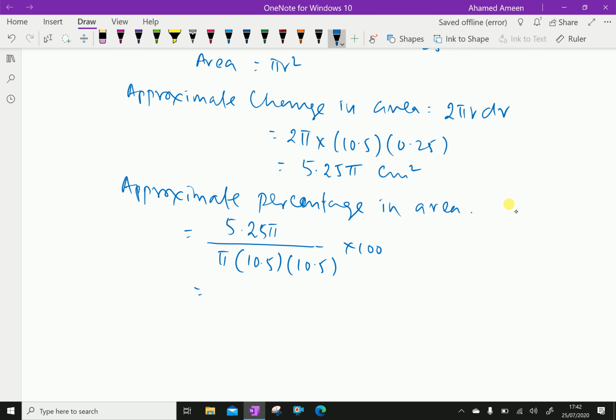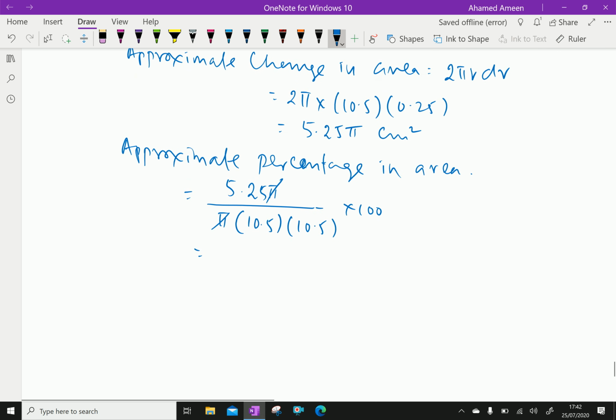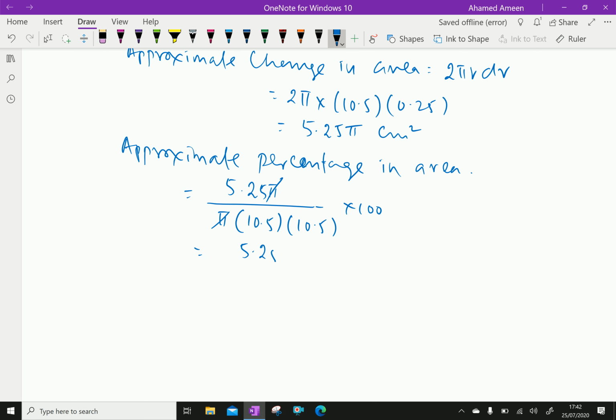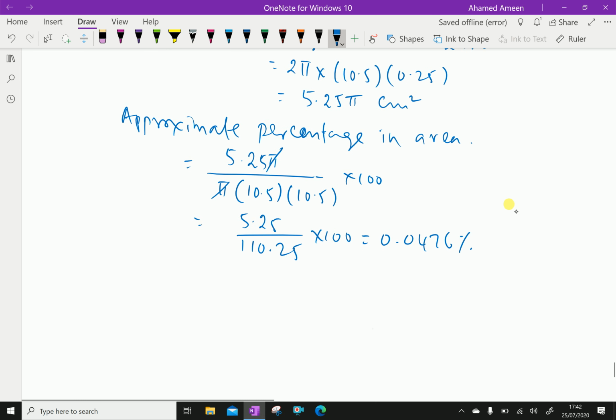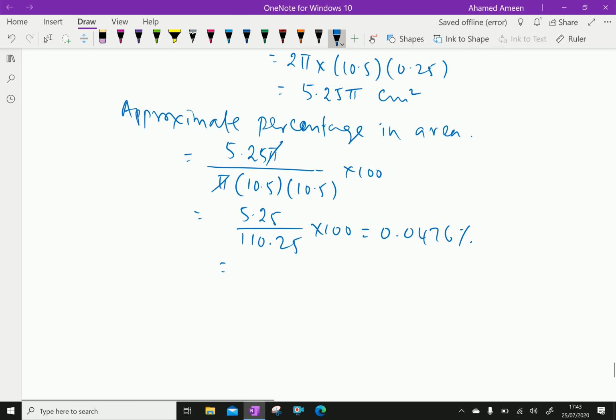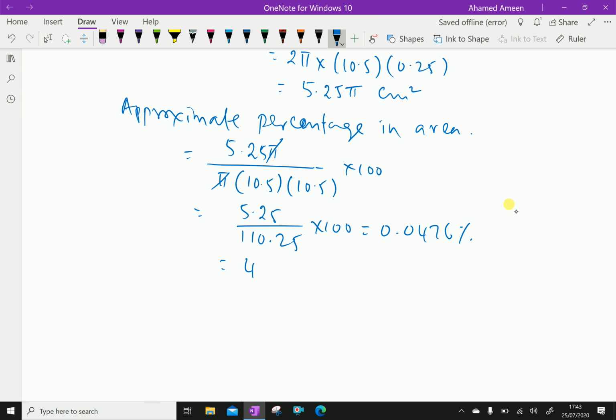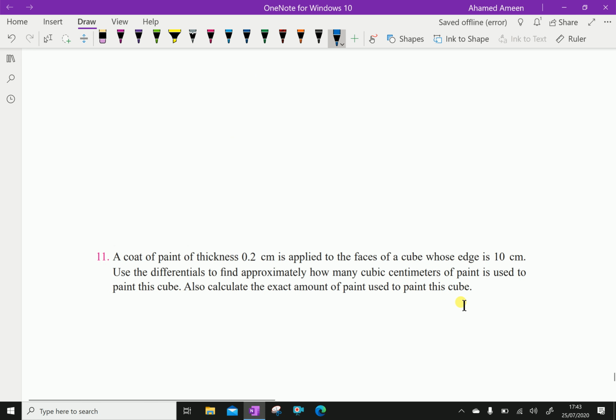The pi is cut, then 5.25 over 10.5 into 10.5, which is 110.25, into 100 is given 4.76 percentage. Here approximately you can write as 4.76 percentage.